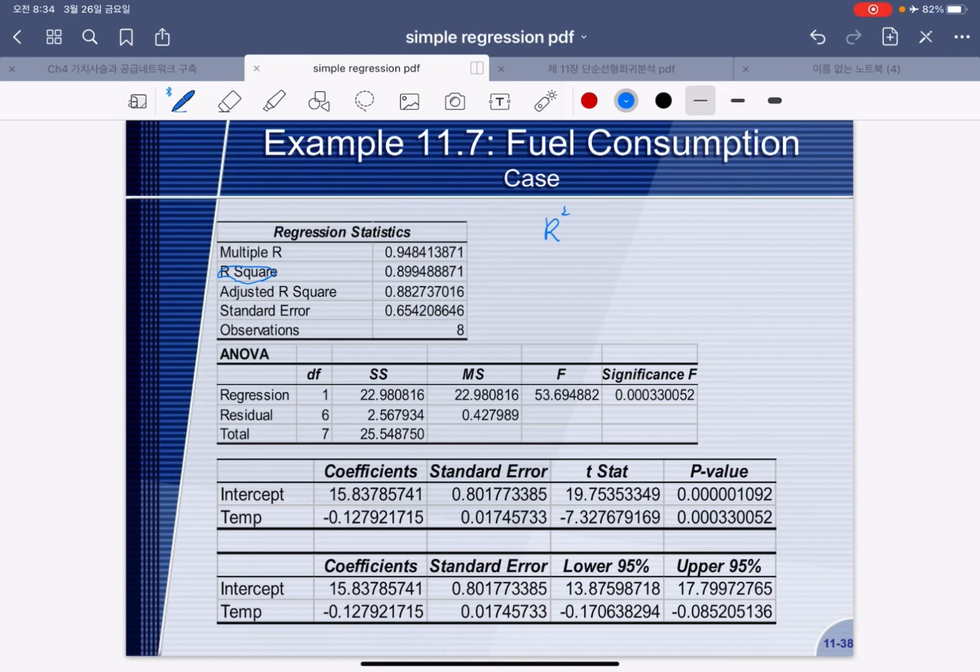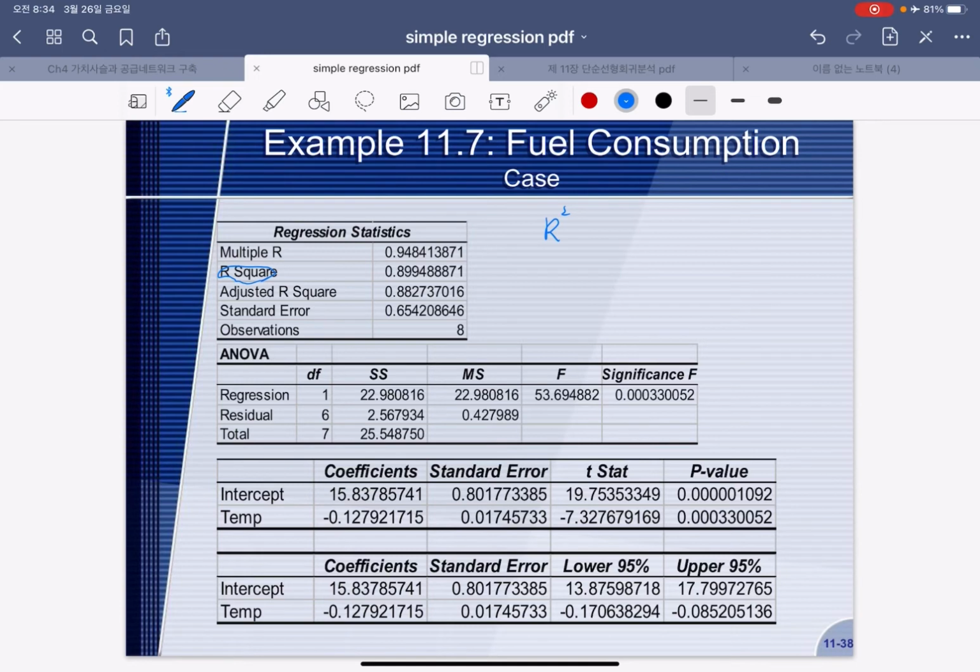R square is the value which shows the degree to which x explains y. So in this case it's almost 90%, which means x explains 90% of y. And bigger R square is better.